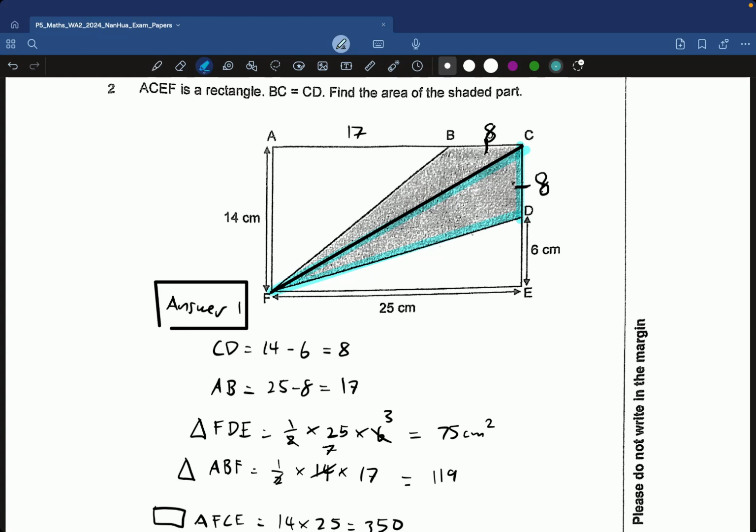So we already know the base over here is 8 centimeters, but what is the height of this triangle? If I were to just make this easier for you to see, the height is actually 25 centimeters over here. Okay, so now we know the height for the FCD triangle.